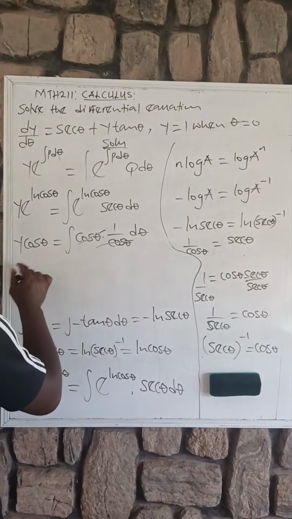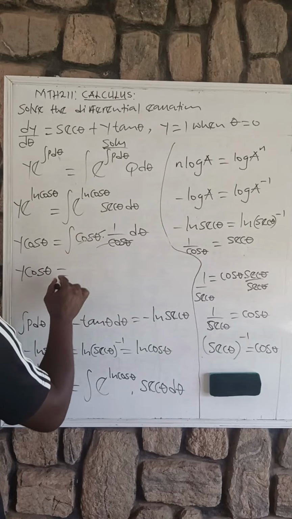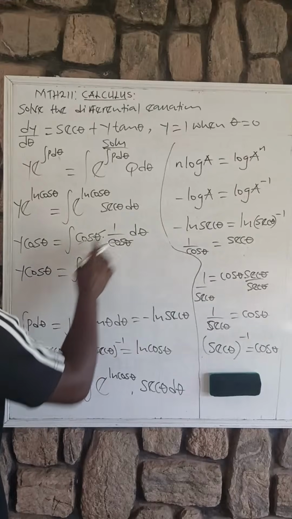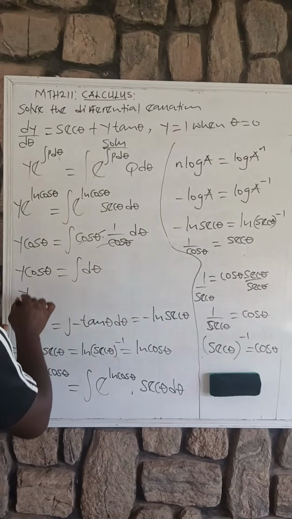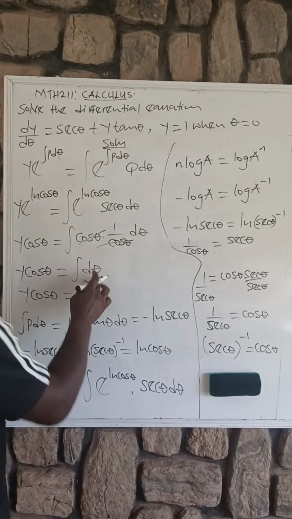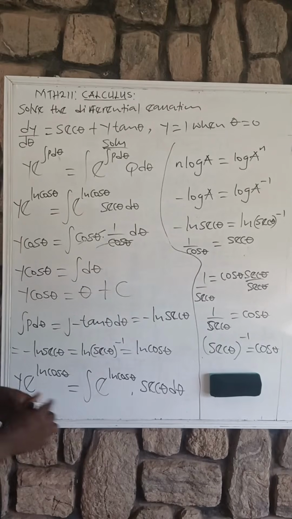So far so good. Here we are going to have y cos theta equals the integral of 1 times d theta. When we integrate d theta, we are going to have theta plus any constant c.